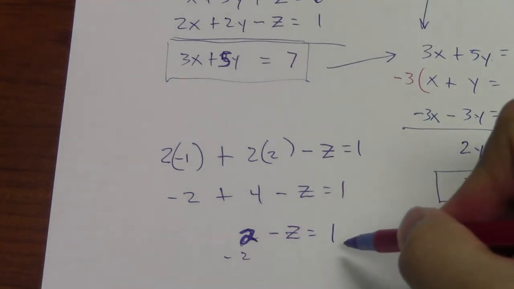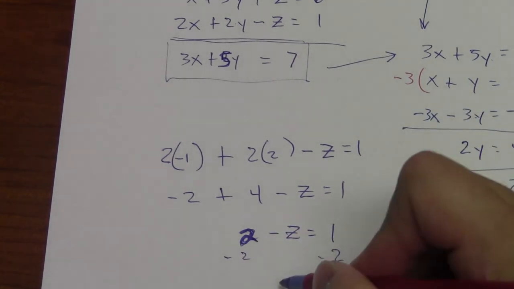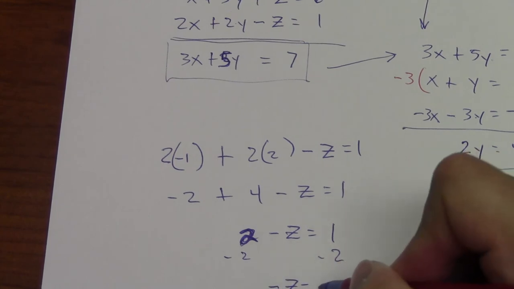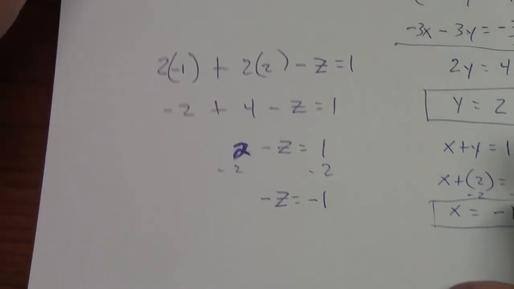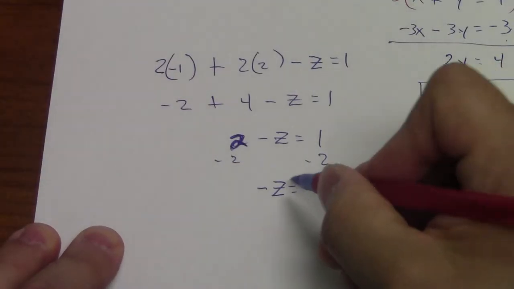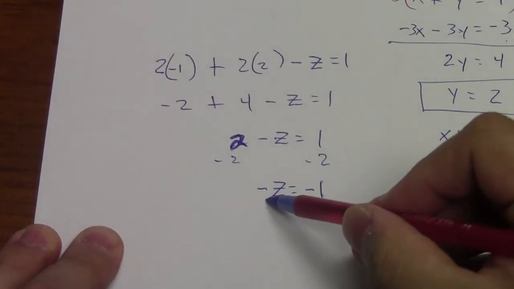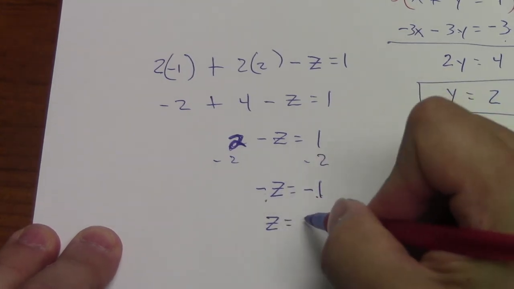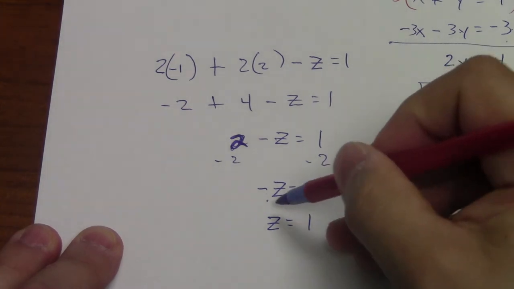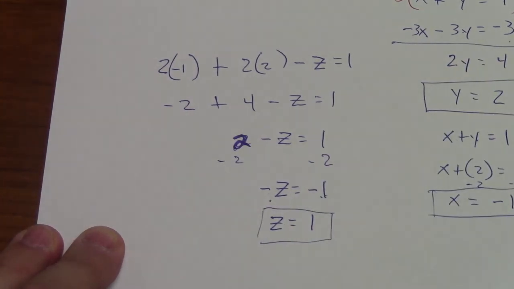I subtract a 2 from both sides. That gives me -z equals -1. And I can't have a -z, so what do I do? I flip the sign, right? If you have a negative on this side, we flip it over onto this side. So z equals 1. And that's my third solved variable.